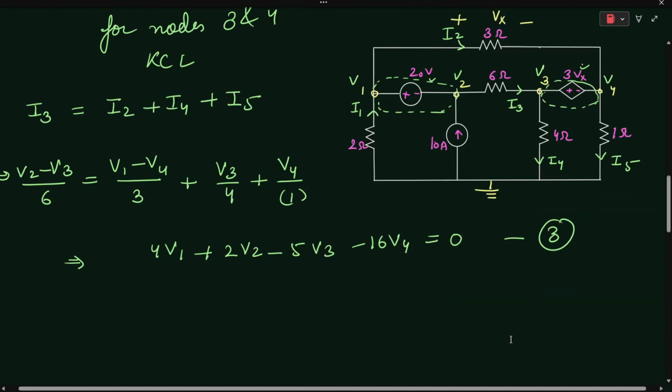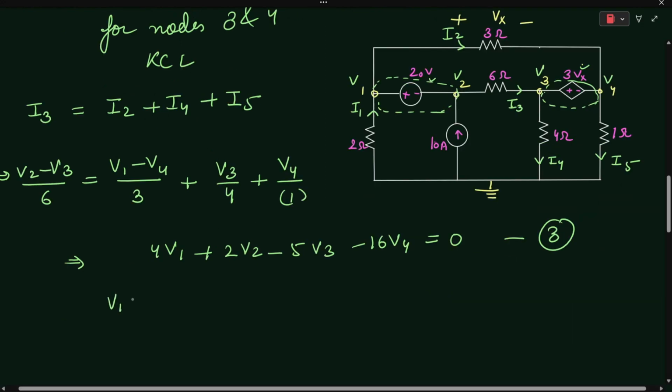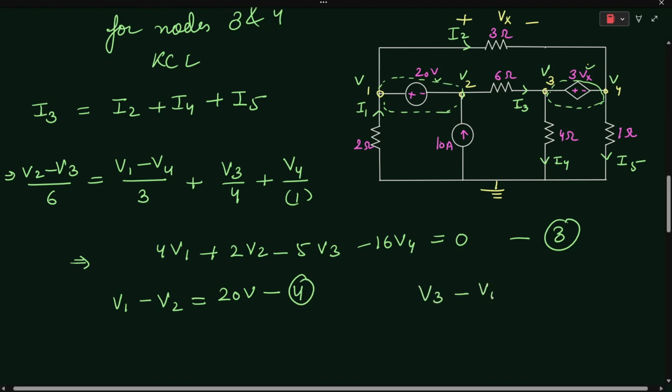Also, from this diagram, V1 minus V2 will be equal to 20 volts. Let's say this is your fourth equation. From this diagram, V3 minus V4 is equal to 3 times Vx. Using the second equation, Vx is equal to V1 minus V4.